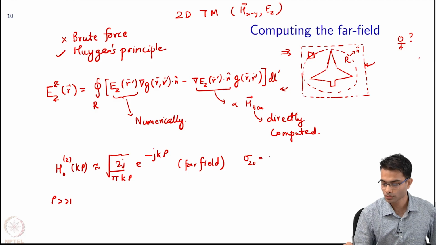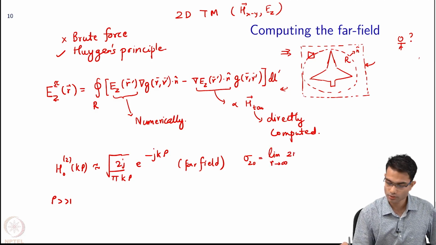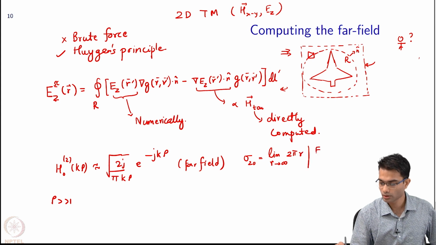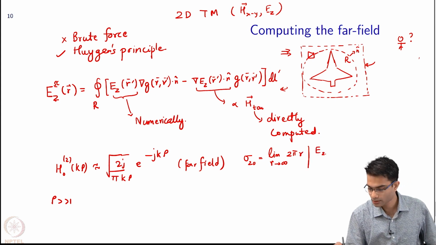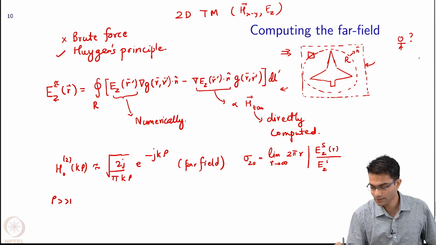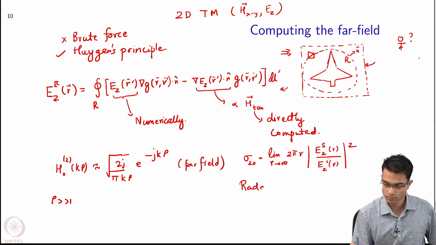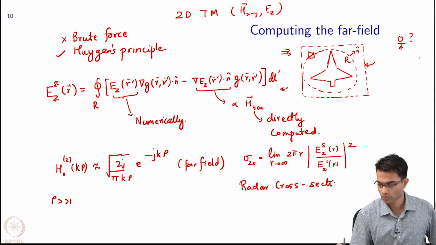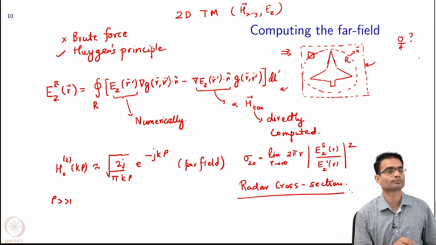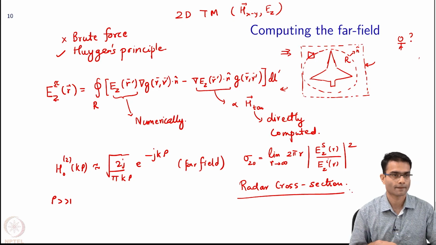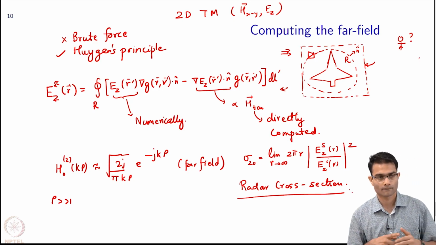And once I have got this, then my favorite expression is for your RCS. What was it equal to? Limit r tending to infinity, 2 pi r, Ez scattered over Ez incident. Do you put r to be a large number?